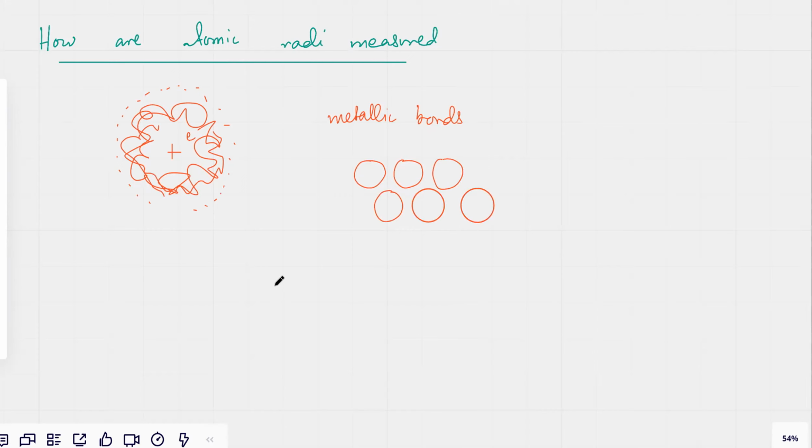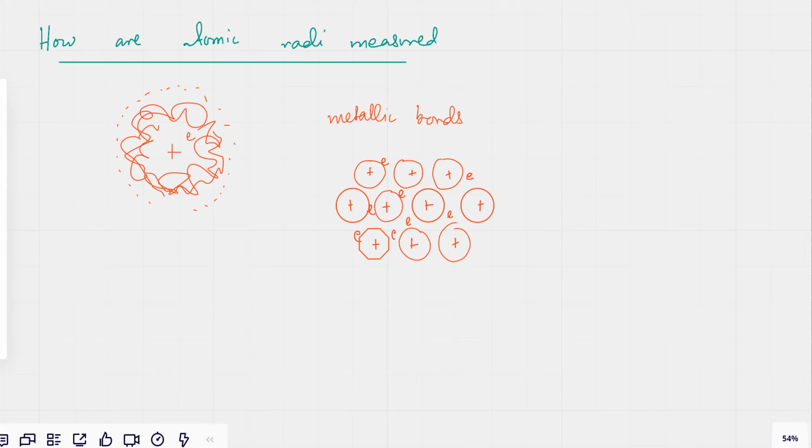There are going to be lots and lots of these positive ions in a sea of free moving electrons, delocalized electrons. That's what a metallic structure is.